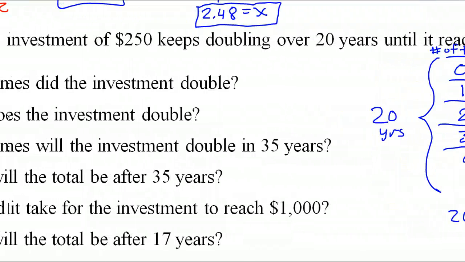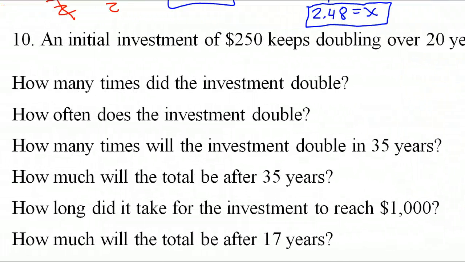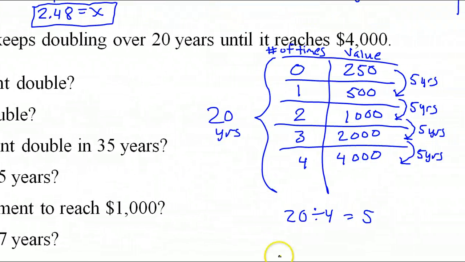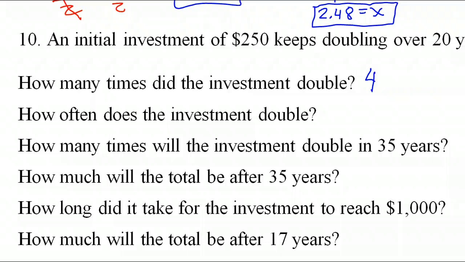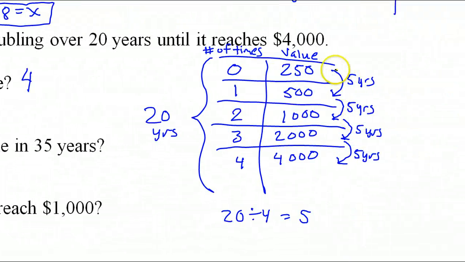So how many times did the investment double? Well, as you can see, it doubled 4 times. How often does the investment double? Well, as you can see, it's doubling every 5 years.